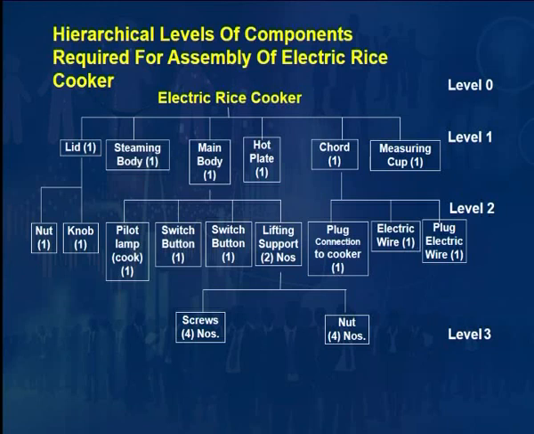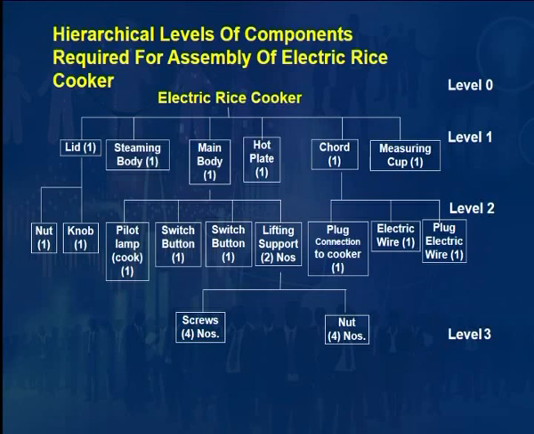You need one lid, you need a steaming body, then you have one main body, and various others like measuring cup, etc. To make one lid, you need a knob, etc. For making a steaming body you need various components, which you are seeing on the slide. They are level 2. And further there is level 3 also.